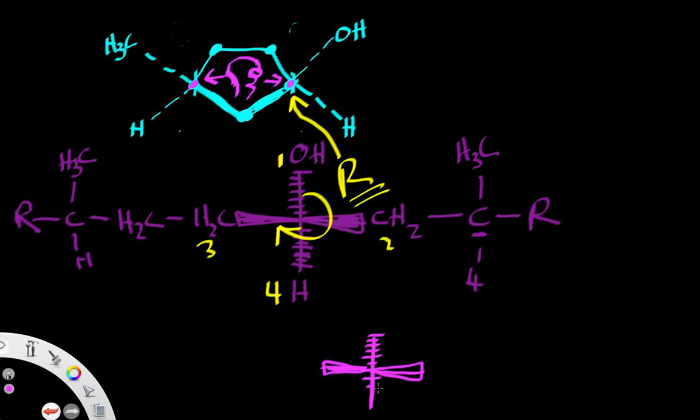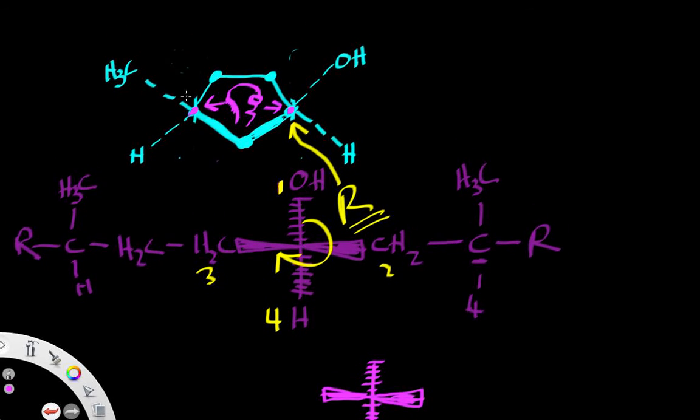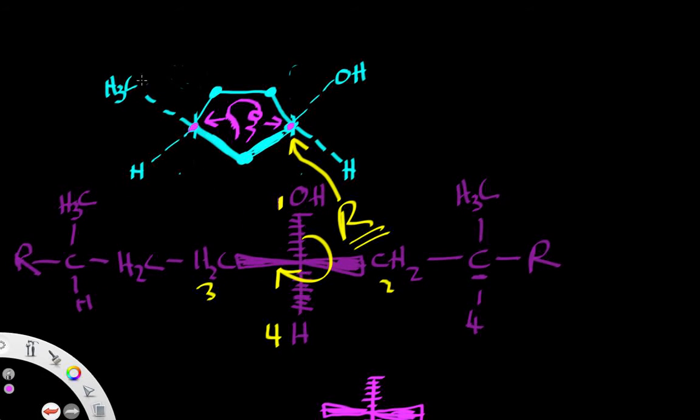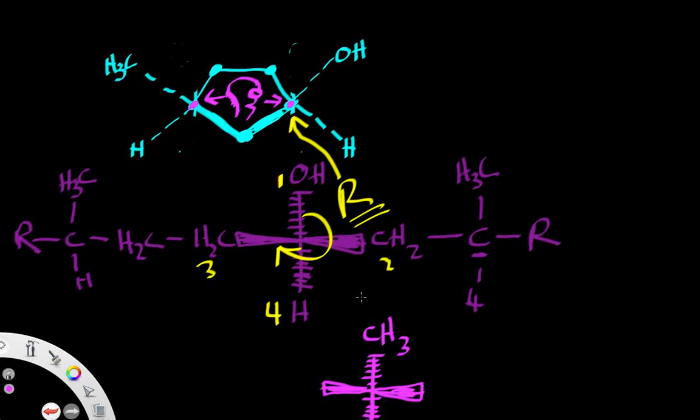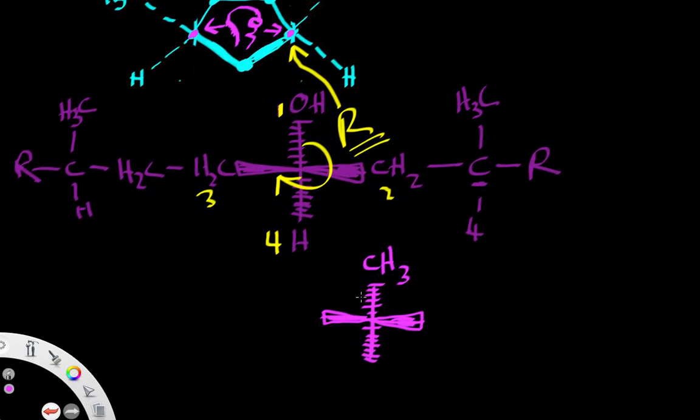Pointing away, pointing away. So now we can see that up on top, or pointing away from us if we are looking at it from this two-dimensional perspective, we have a methyl group. And on bottom we have a hydrogen.